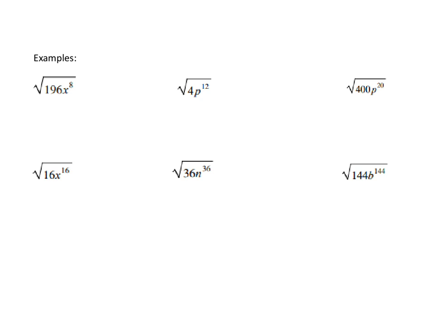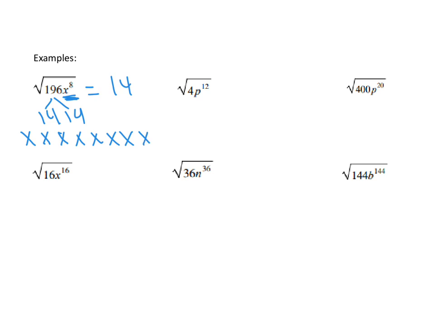Okay, I'm going to do a little explanation here with this first one instead of going the easy route. The first one says we want the square root of 196x to the 8th. First you would do the square root of 196, which is going to be 14 because 14 times 14 will give you 196. Now the second part, the x to the 8th, means that you have 8 x's.